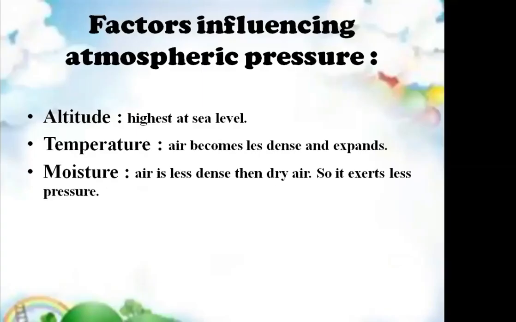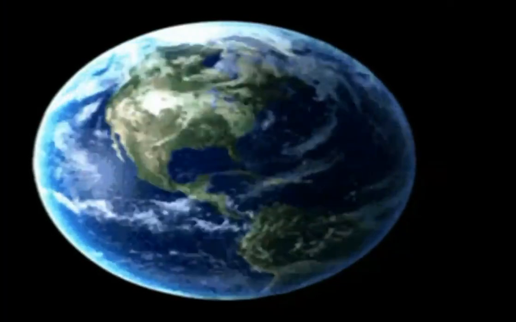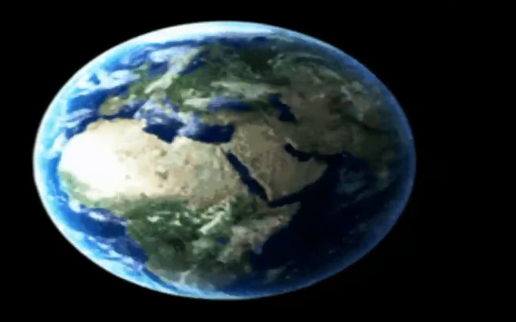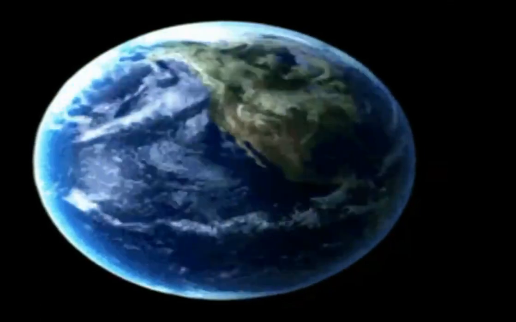The factors which influence the atmospheric pressure are altitude, temperature and moisture. The distribution of atmospheric pressure around the earth is influenced by variation in temperature and rotation of the earth.